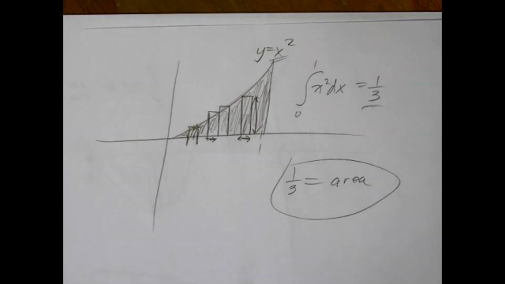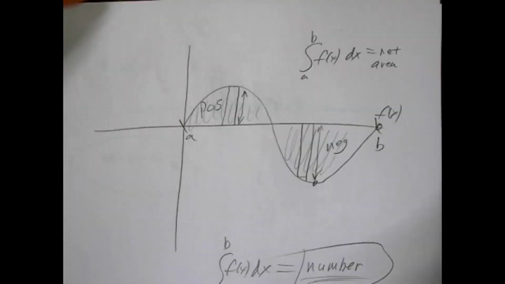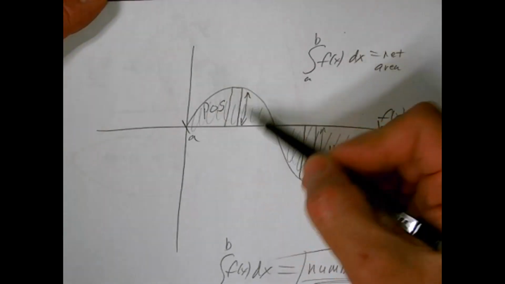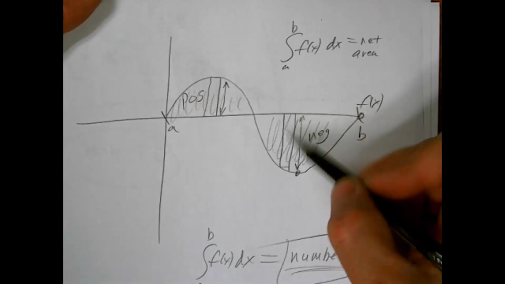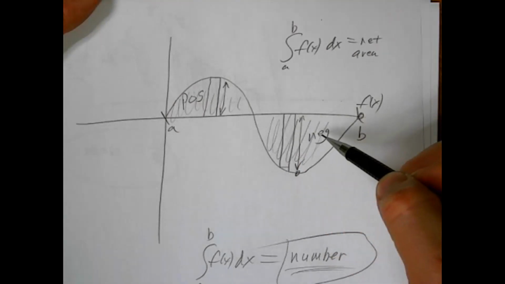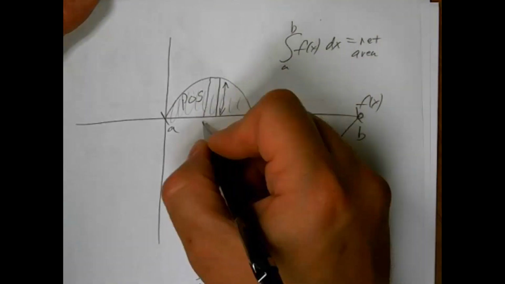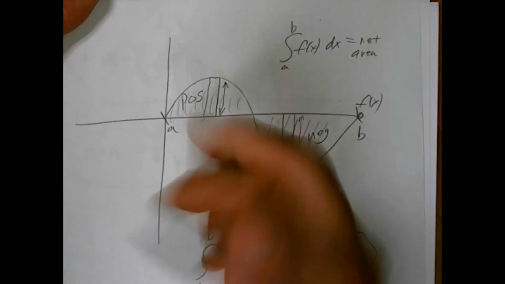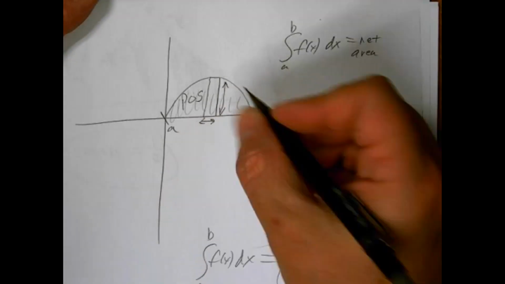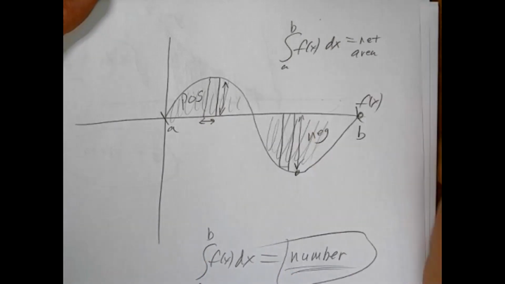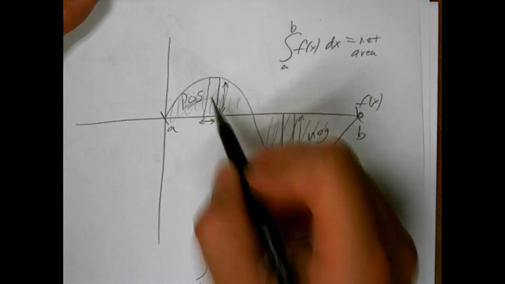All right, now on the other hand, if we had a curve that spent part of its time above the x-axis and part of its time below the x-axis, well, these rectangles are going to have positive width, which again, they always will, that'll never change, and positive height. So this will give you a positive number.